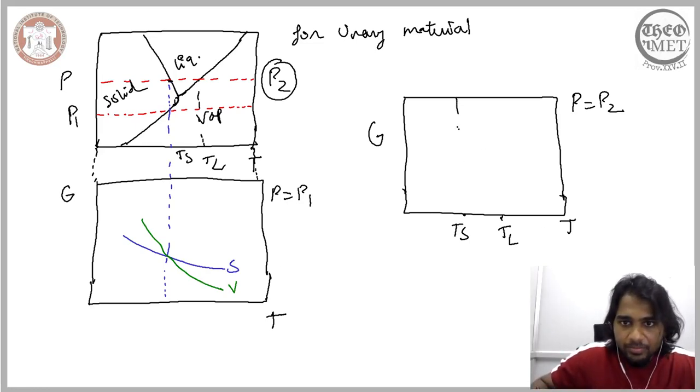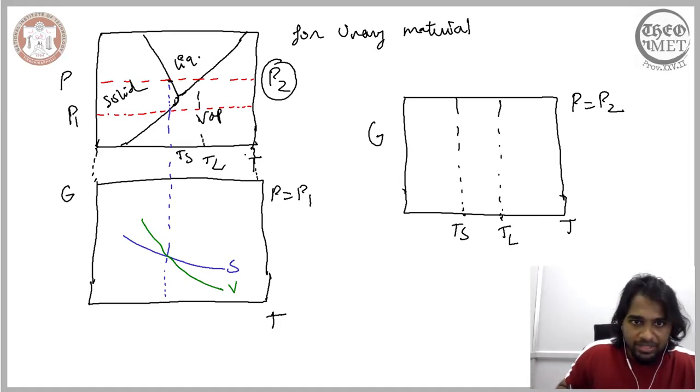So we have identified two different temperatures along this axis. One temperature is Ts, the other temperature is TL.